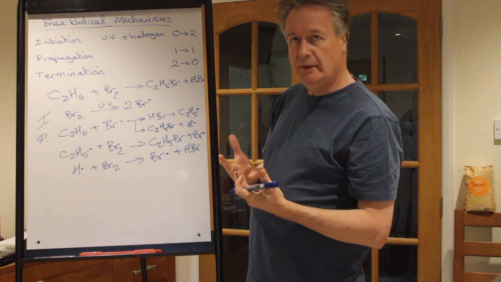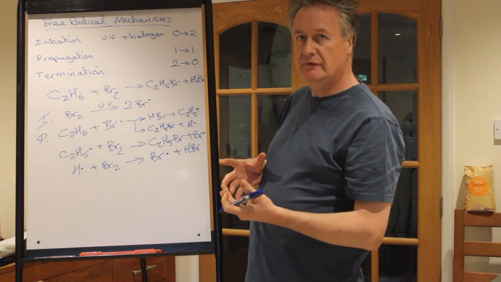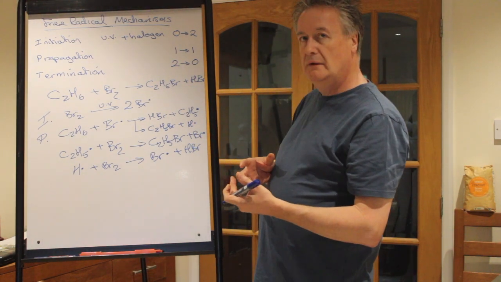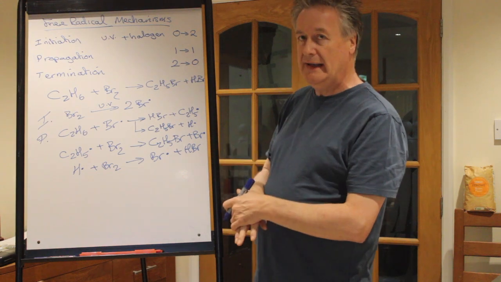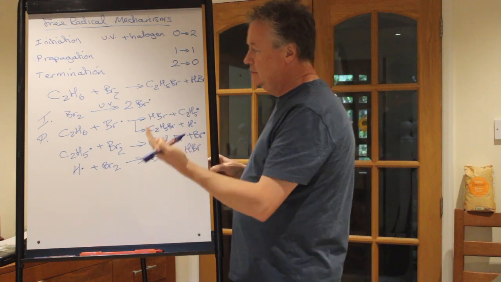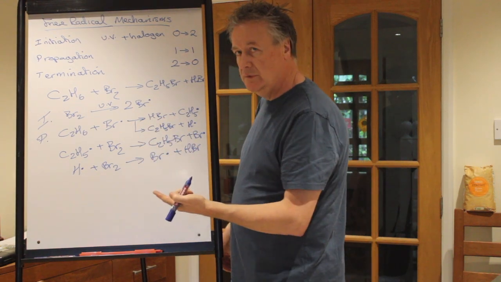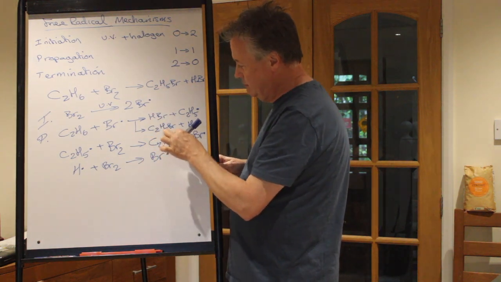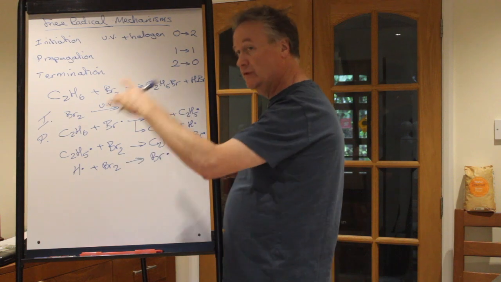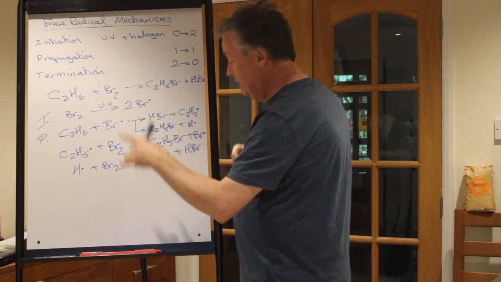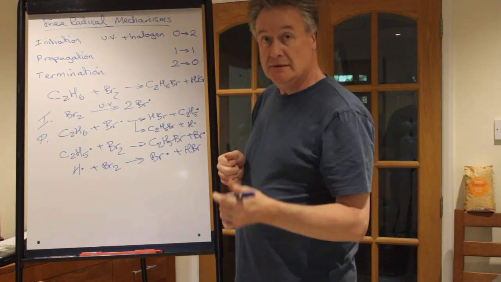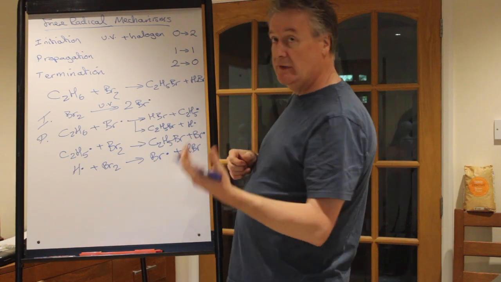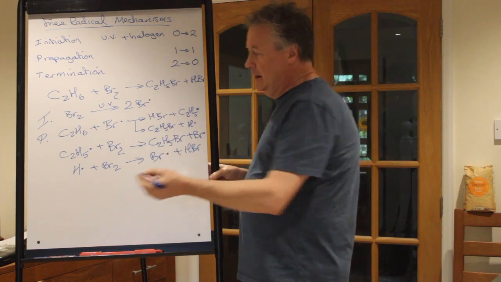The whole point of propagation is that there are multifarious versions of it, but in the end you get major things up here. But you could of course send this here, C2H5Br, round in its own propagation step and end up with it picking up another bromine and becoming dibromo in some form.